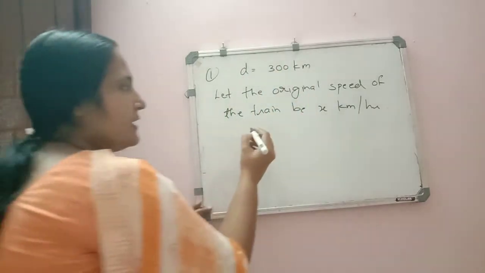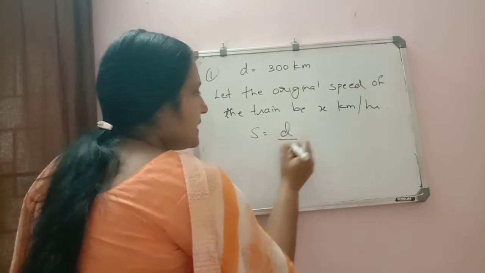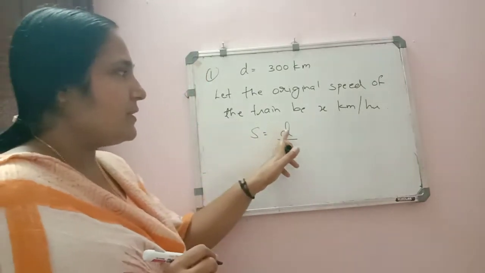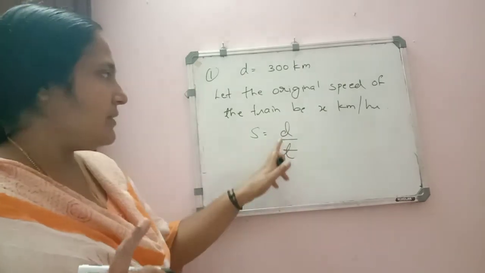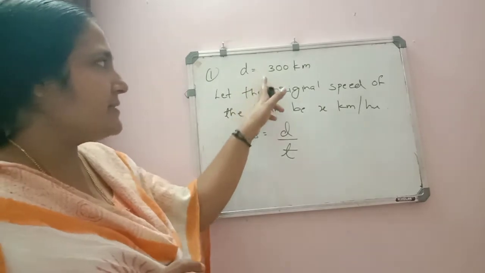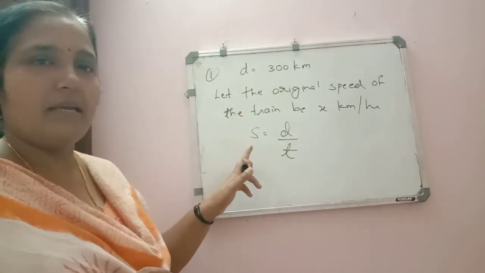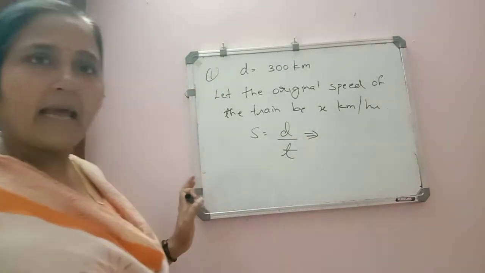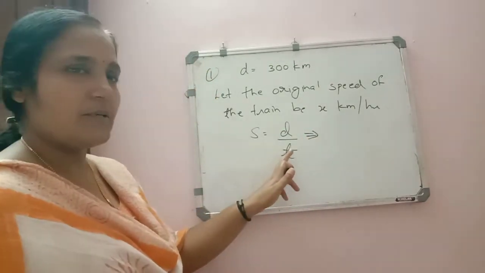As we all know, speed is equal to distance by time. In physics you have studied this: speed is equal to distance by time. Now here speed we have taken is x and distance given is 300 kilometer. From this equation we will find the formula for time. We are going to use the transposition rule.